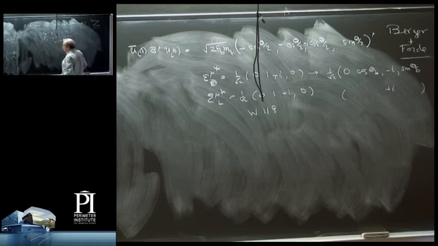If I rotate the W's into the direction opposite to the b quark, then what I'll get is 1 over the square root of 2. There'll be a cosine theta b and a sine theta b here.